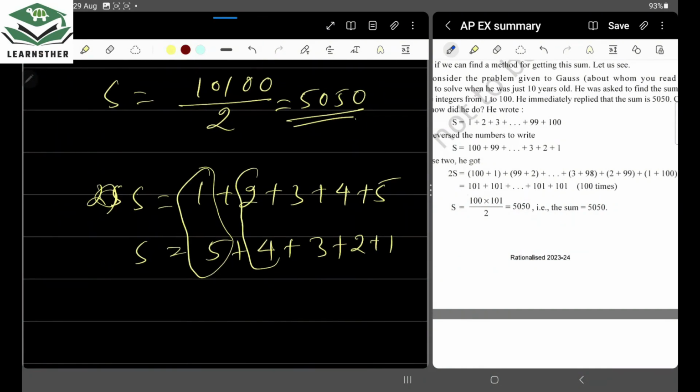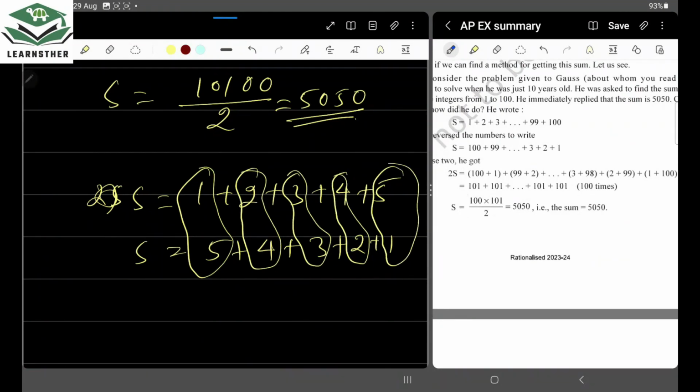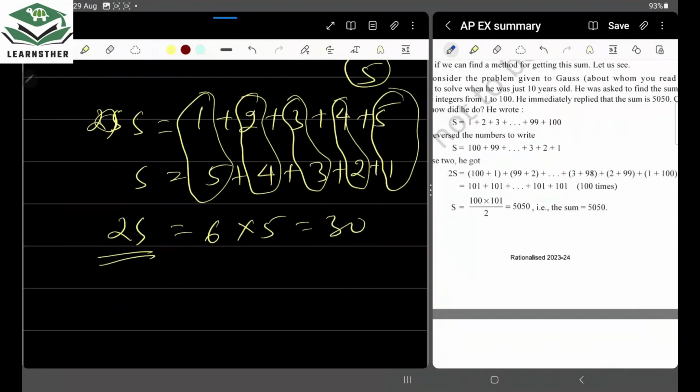So how many terms? 1, 2, 3, 4, 5, you will get 5 terms. So this is 6 into 5, 30. This will become 2S when you add these equations.